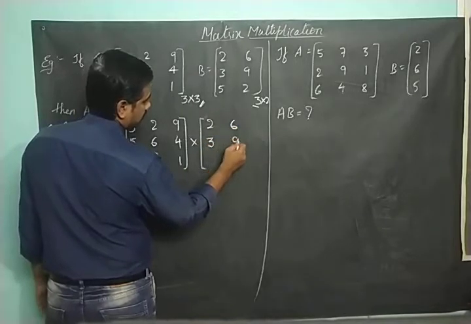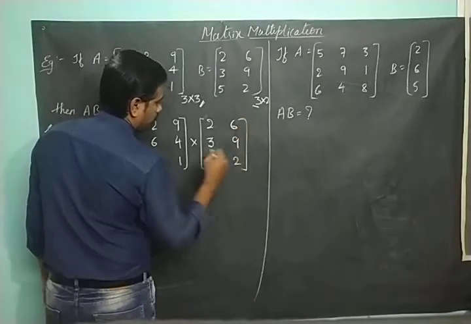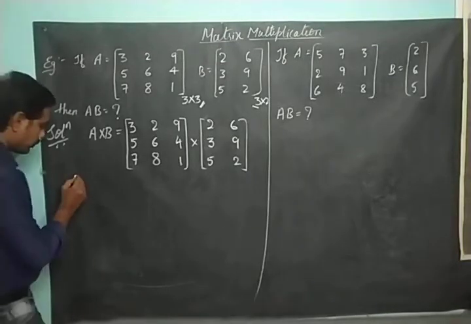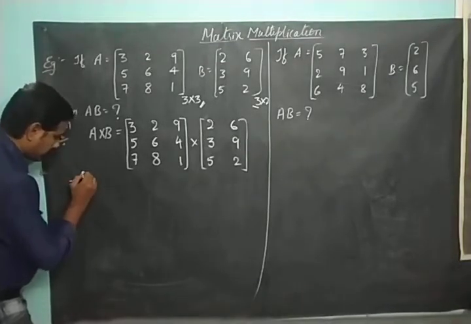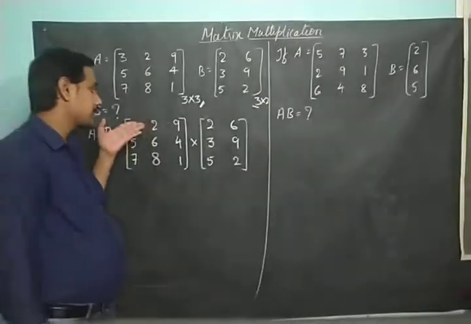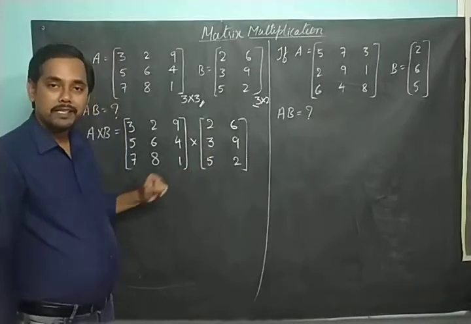3, 9, 5, 2, right? We all know that in matrix multiplication each row of the first matrix is multiplied with each column of the second matrix.